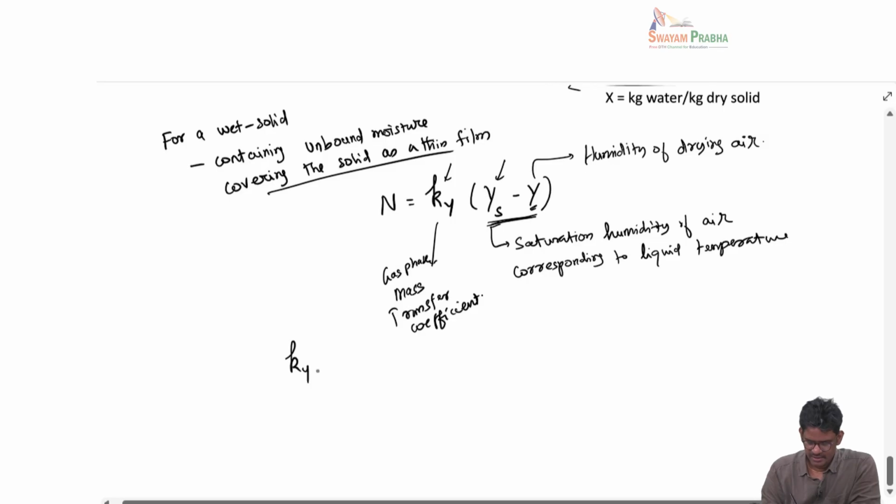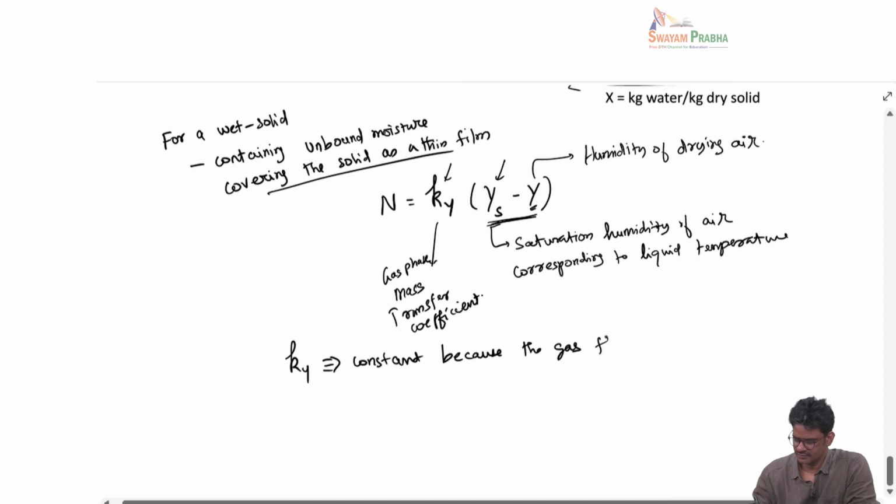So we say Ky is constant because the gas flow conditions are constant.